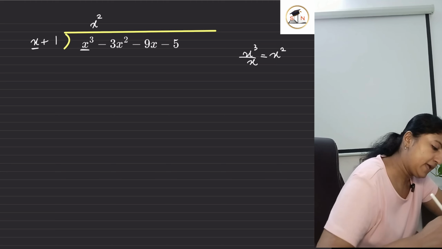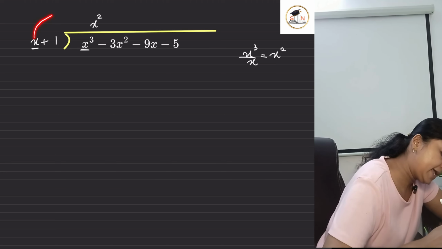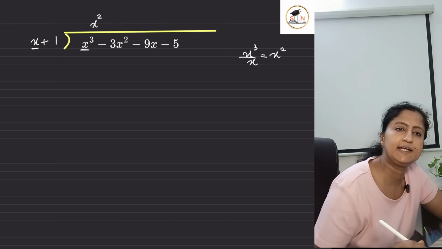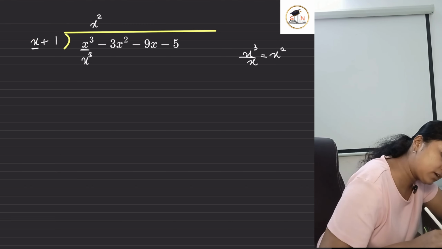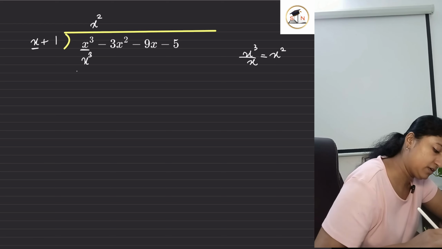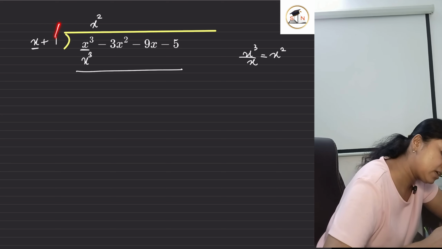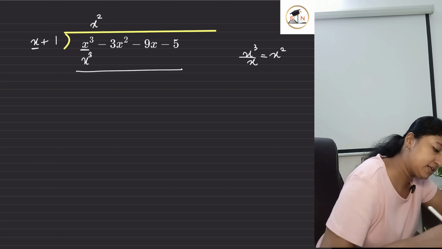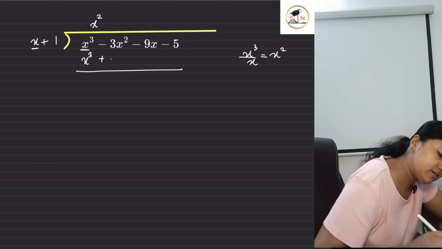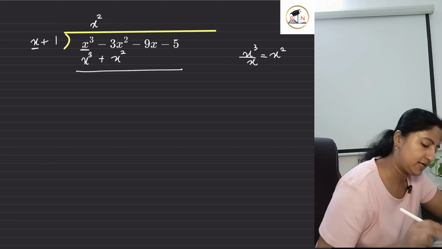Okay. Now, if you multiply x with x squared, you will get x cubed. And we are going to write x cubed, the product, over here. Now, the next step is you need to multiply 1 with x squared. And that results in positive x squared, because 1 was positive, x squared was positive, right?